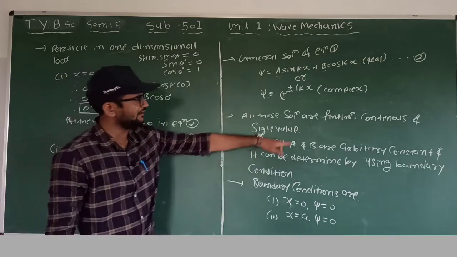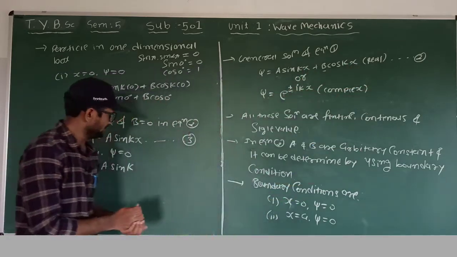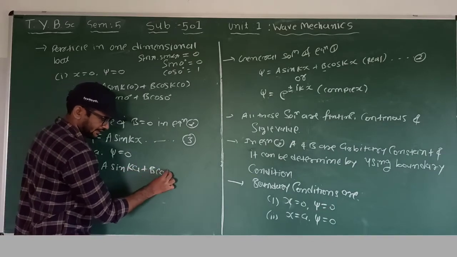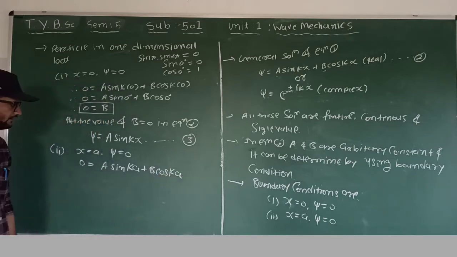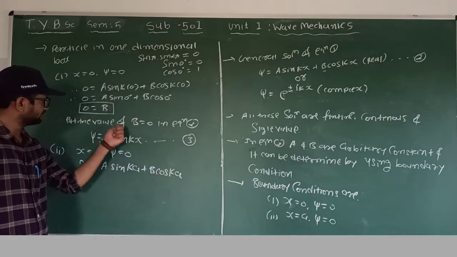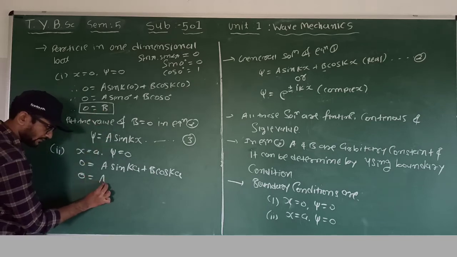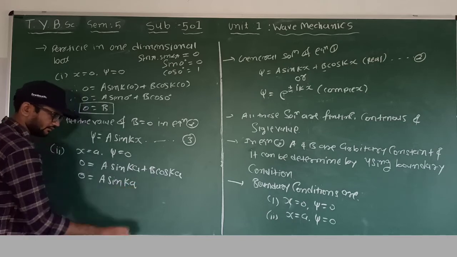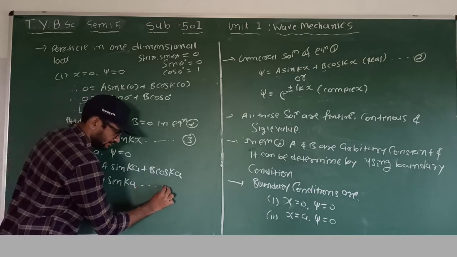So I put the value of x is equal to a here and here: a sin ka plus b cos ka. But the value of b is equal to 0, so 0 is equal to a sin ka. This is equation number 4.